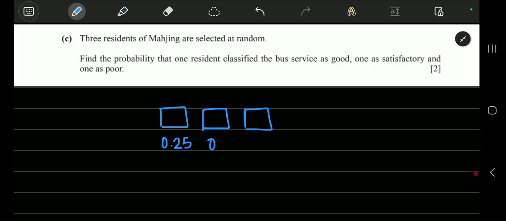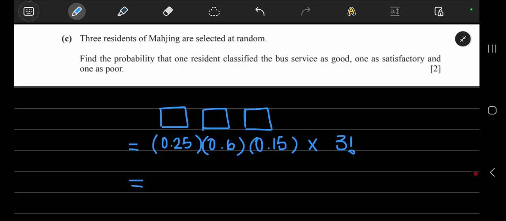The one that is satisfactory, so 0.6, and the one who said poor, so 0.15. These are the probabilities for each, multiplied by, as we have 3 people, 3 factorial, the possible ways of arranging them. So this is your required probability.